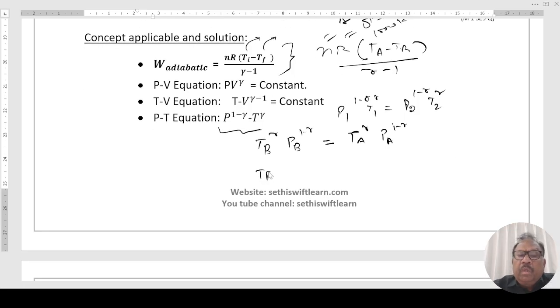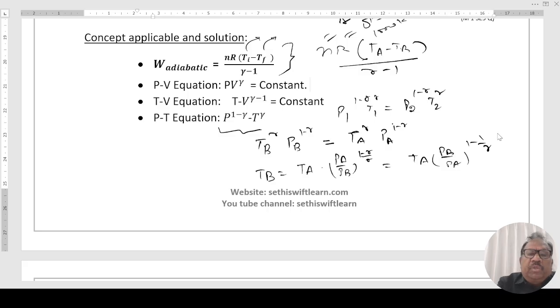Tb will come out to be Ta, Pa upon Pb, to the power 1 minus gamma upon gamma. Or you can say the sign will come negative, so this comes out to be Ta (Pb upon Pa) to the power 1 minus 1 upon gamma.